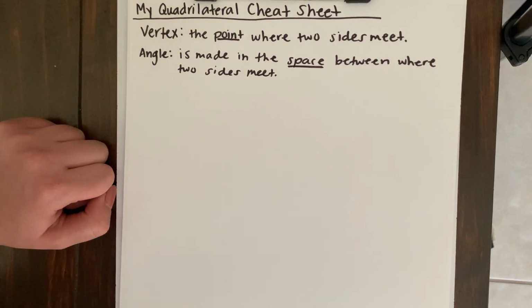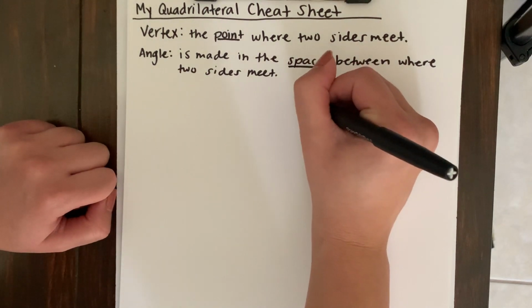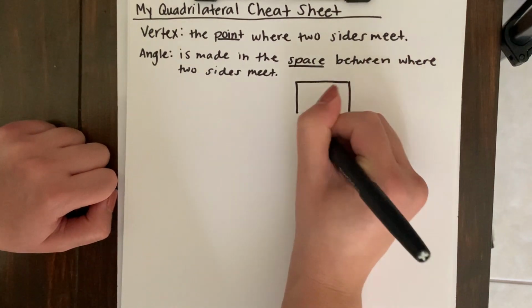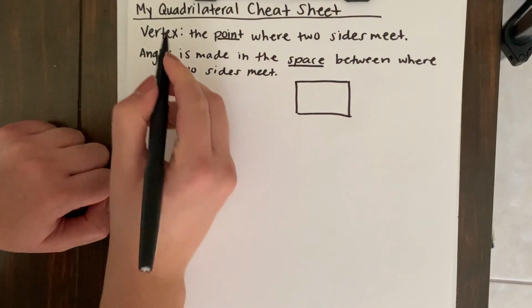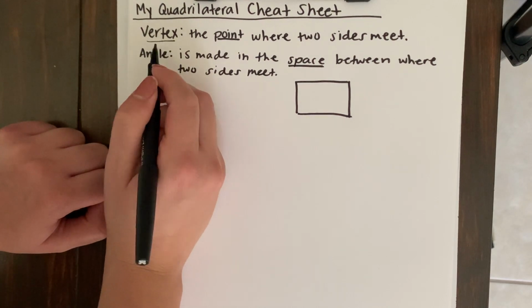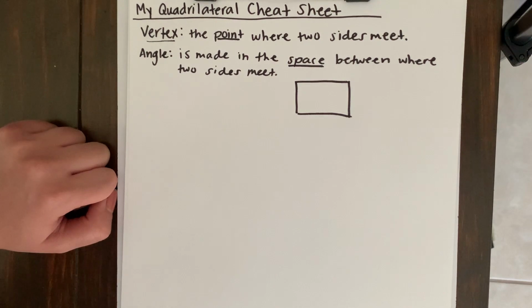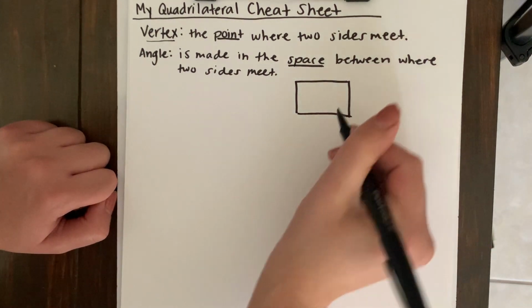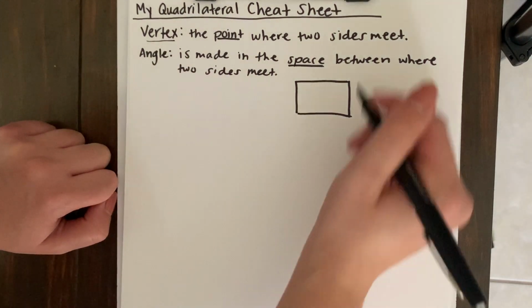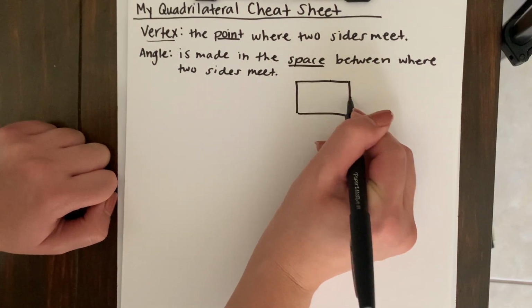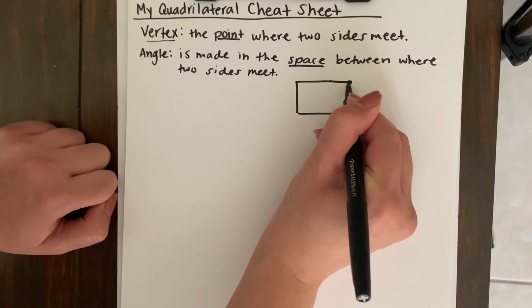I'm gonna draw a little picture to just kind of show you, okay? So I'm gonna draw a rectangle. And first, let's look at the vertex, which when there's more than one vertex, it's called vertices. It's one of those irregular plural nouns, okay? So the vertices, which is more than one vertex, are all the points where the two sides meet. So here's one side, here's another side. The point where they meet is here.